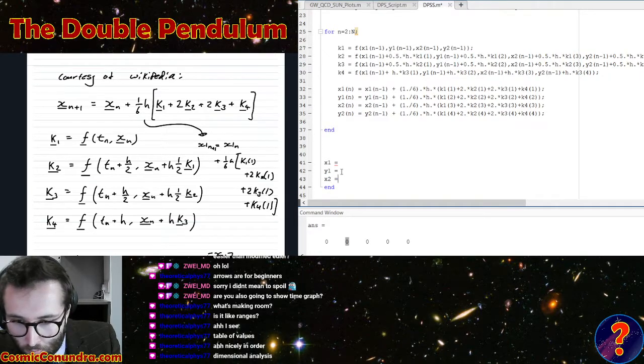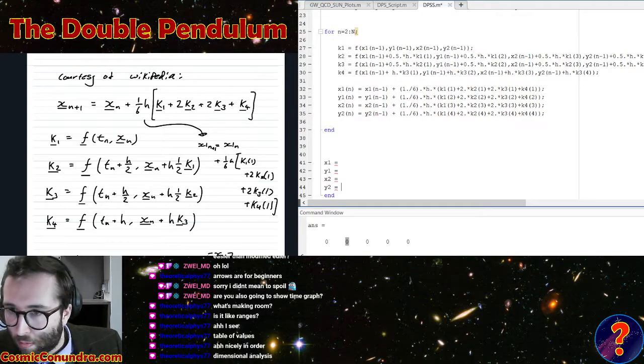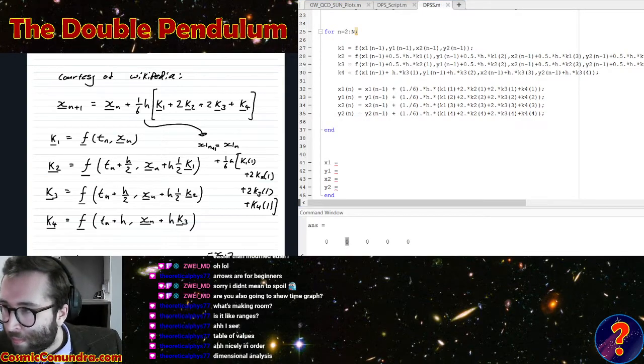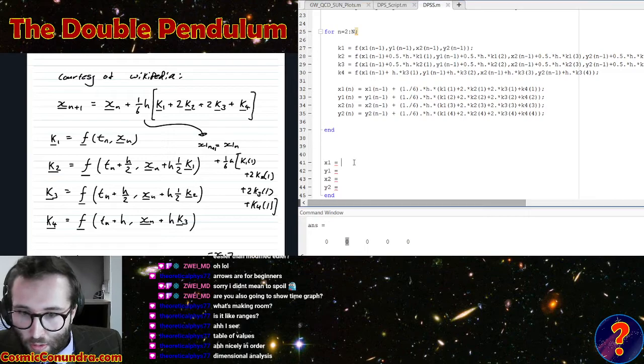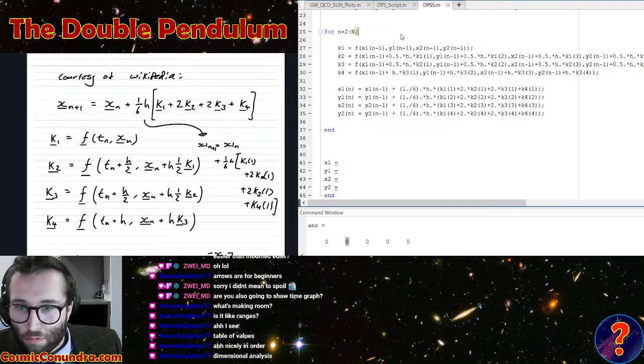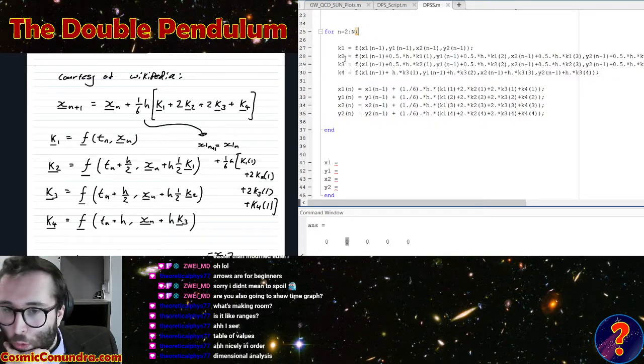So what are these defined as? Well, these are all of the things that we just calculated above. This whole for loop is creating an array for every single time step for the x1 variable, y1, x2, and y2. Then the final thing this function spits out should be that total array that has now been constructed at every one of these grid points.